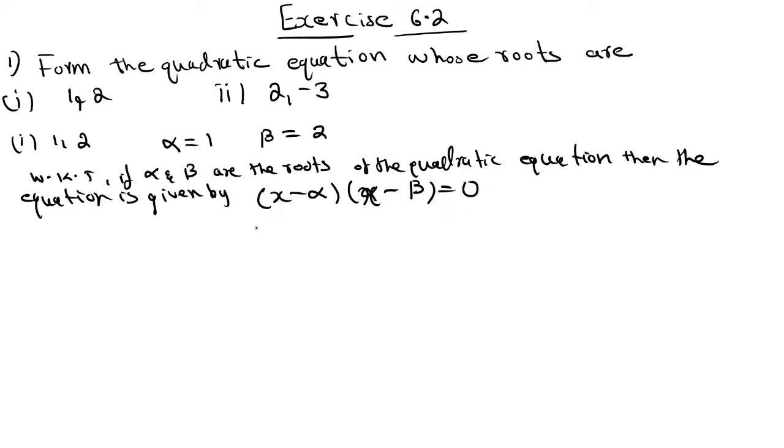So x minus what is alpha? Alpha is equal to 1, into x minus what is beta here? Beta is equal to 2.